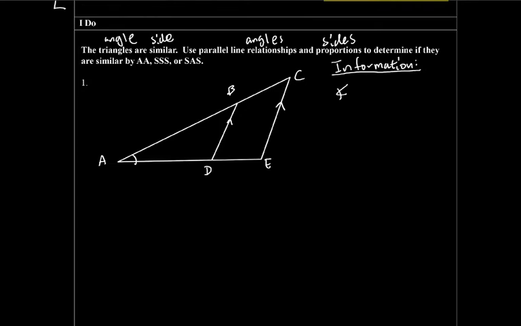Angle CAE is congruent to angle BAD because they are a shared angle.